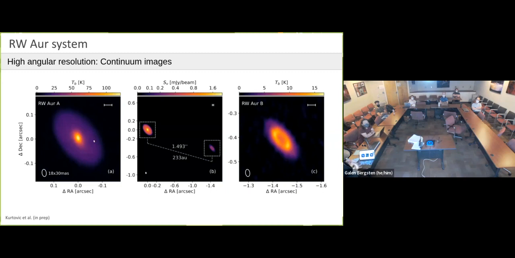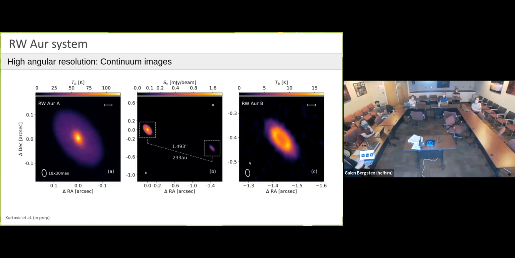But if you look at the older disk, the one located around the primary, you can see that this disk is much hotter in brightness temperature. So actually we almost hit 120 Kelvin in the center of the disk, and then most of the disk stays over 20 Kelvin, meaning that it looks like the midplane of this disk might be more dense, but also hotter compared to this other one. So that's interesting. You have this possible temperature difference.